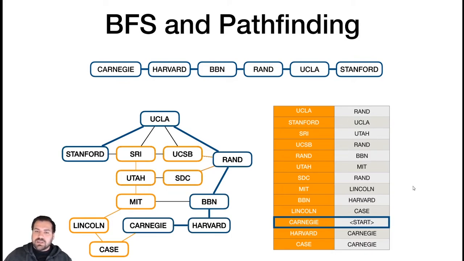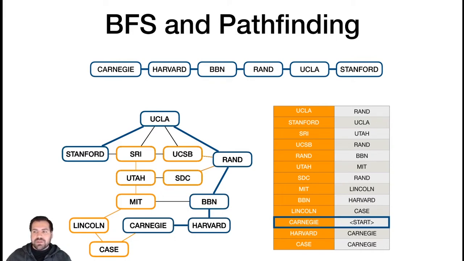But BFS, the way that we use a queue specifically, which makes it BFS and not DFS or just a generic connected component traversal algorithm, the way that we use a queue and explore nodes, that specific structure gives us this property that whenever we explore a node, we're always exploring it via one of its shortest paths.